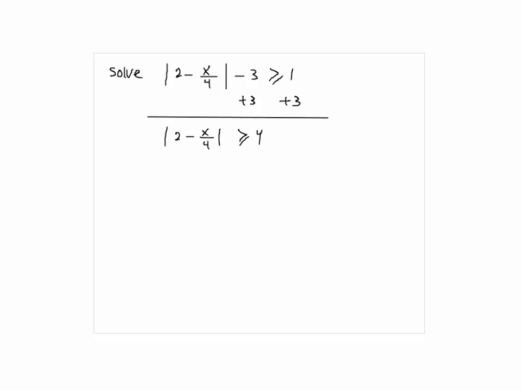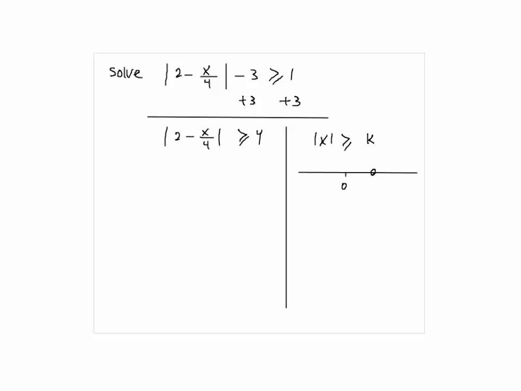It's greater or equal to 4. Now, let's take a look at this here. If the absolute value of x is greater or equal to a number, let's say k, if you look at it on the number line, you're looking at all the numbers that are larger than k units away from 0.